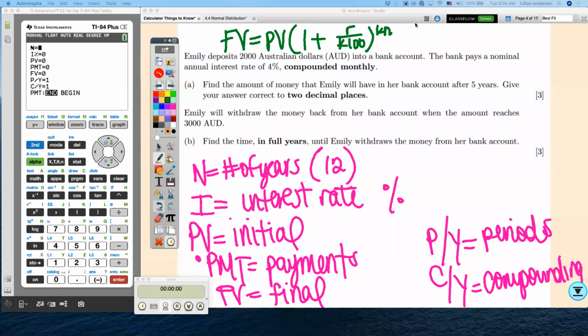Okay, so remember for this one, if you are gonna go the app route, you need to actually write down exactly what's on your calculator screen. N equals, I equals, PV equals, and so on and so forth. Granted, you don't have to use all these features because you don't have payments. You don't have periods per year or payments per year, okay?